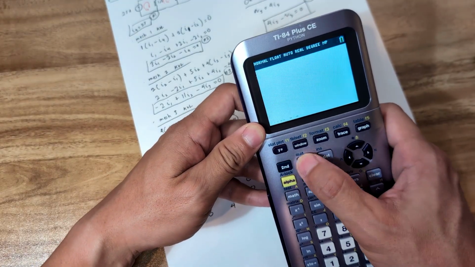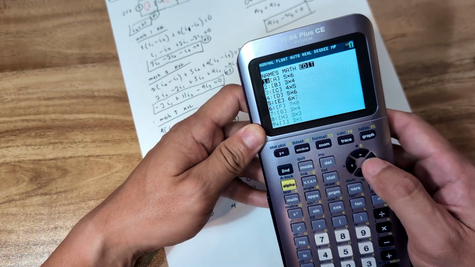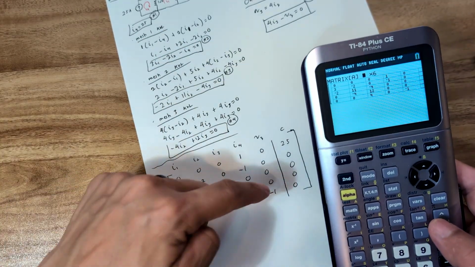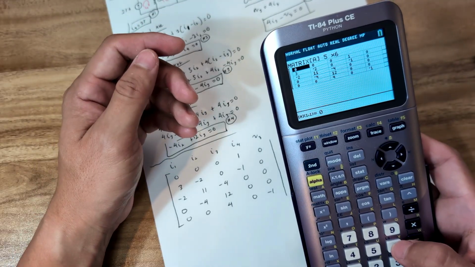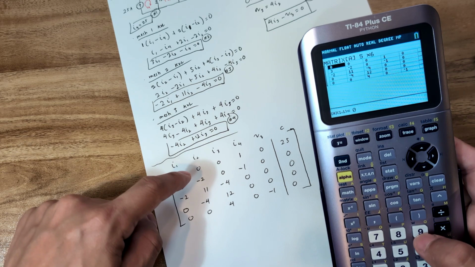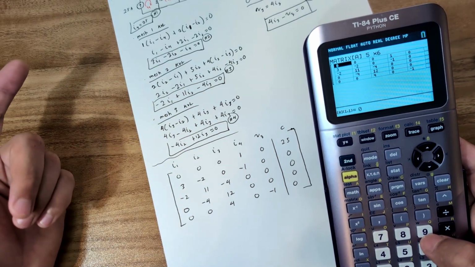Go to second, matrix, edit, and this is a 5 by 6 matrix, I already have it on there. And then you're going to input all of your values one by one. And I already did it beforehand.